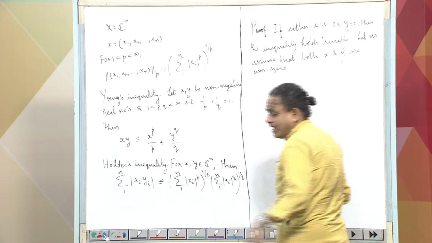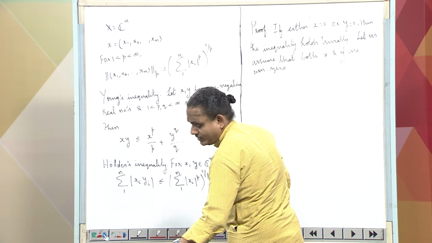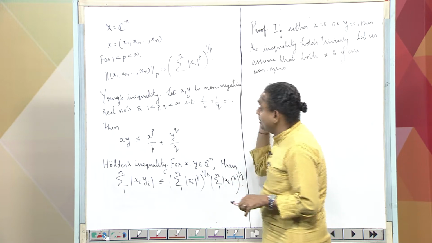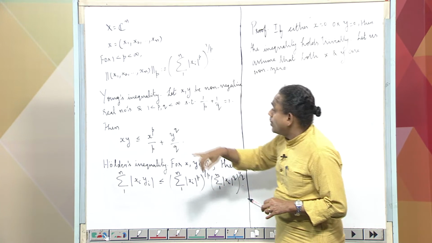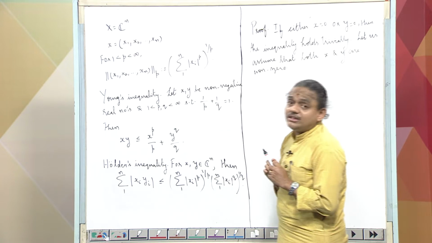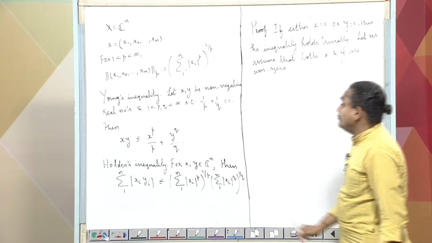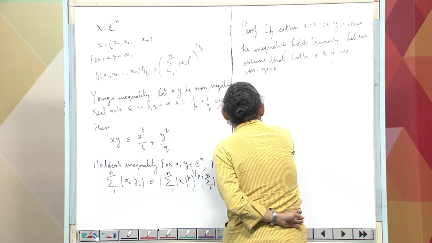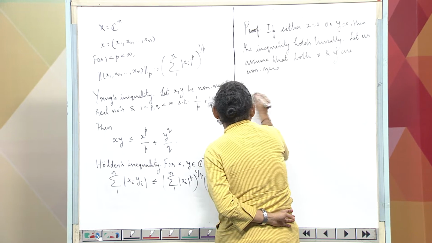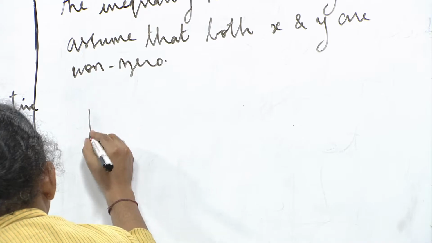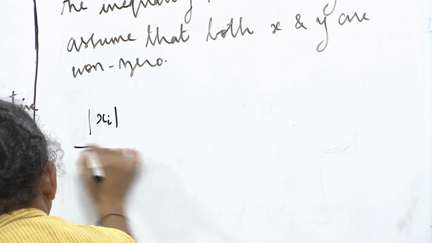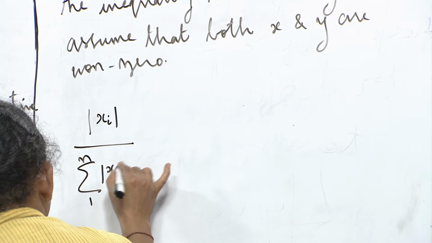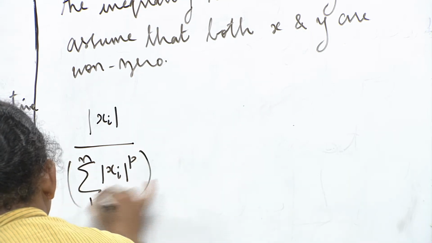Right. So, having made this first observation, as we mentioned earlier in the beginning, we will have to make use of Young's inequality, for which we need two non-negative real numbers. So, let us choose two non-negative real numbers. One is mod xi upon summation 1 to n mod xi power p whole raised to the power 1 by p.